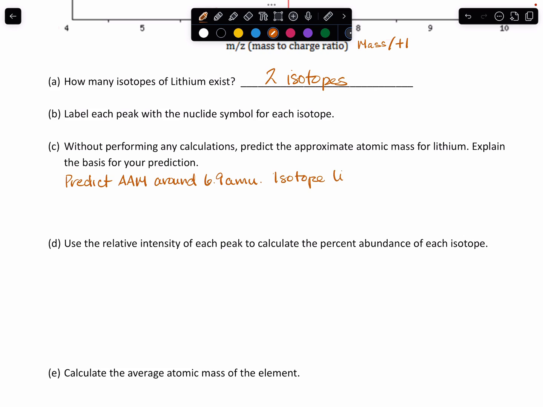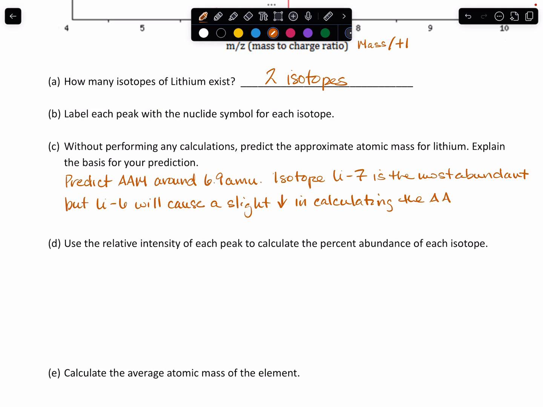Isotope Li-7 is the most abundant, but Li-6 will cause a slight decrease in calculating the average atomic mass.